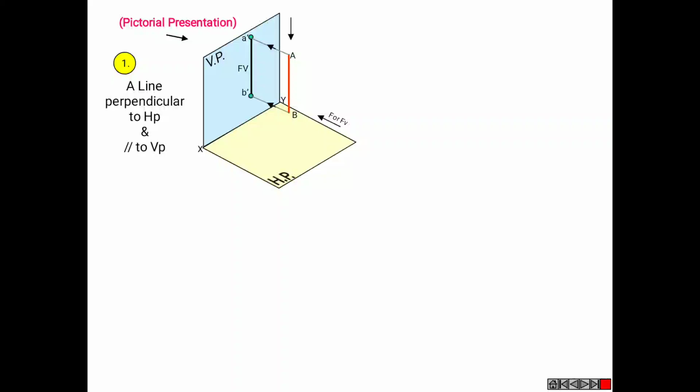Now the top view will be seen on HP, nothing but horizontal plane. It looks like a dot, both A and B on a similar dot, so this is called AB. So this will be your pictorial presentation. Is it clear?